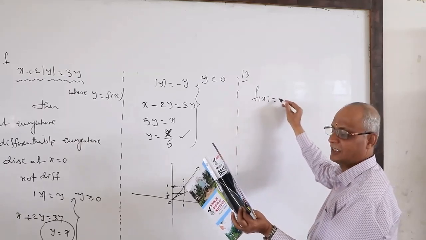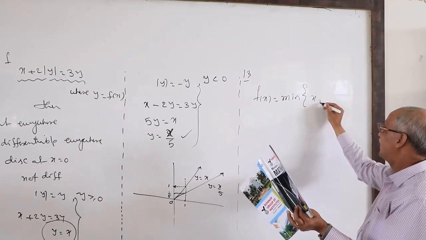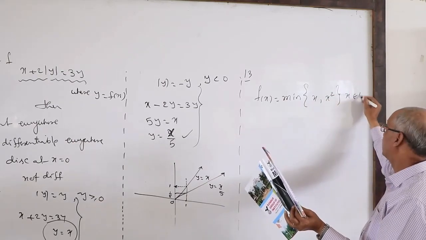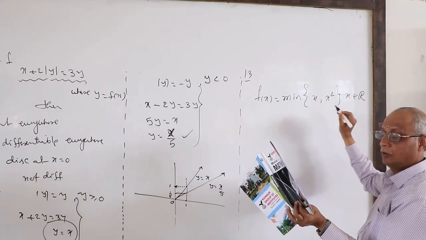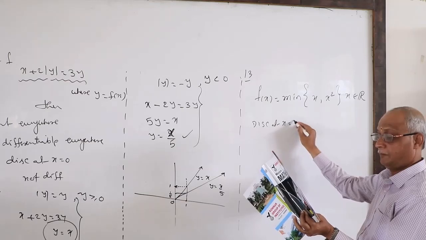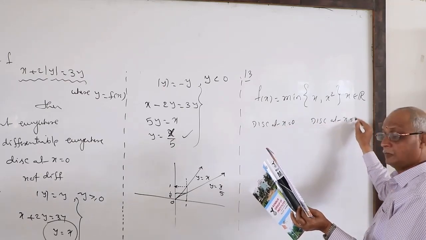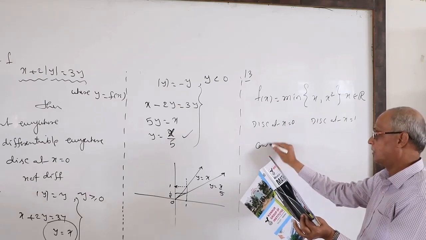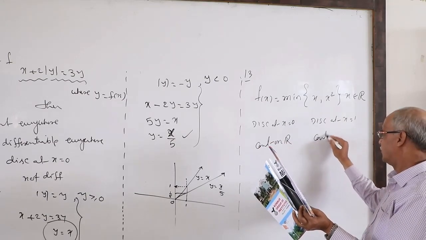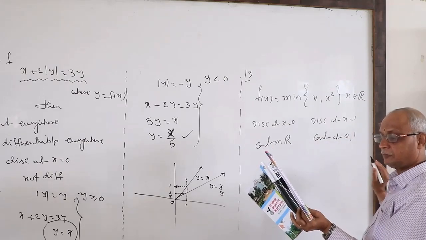f of x equals minimum value of x comma x square, very good, where x belongs to R. Options: discontinuous at 0; discontinuous at 1; continuous on all real numbers; continuous at 0 comma 1.